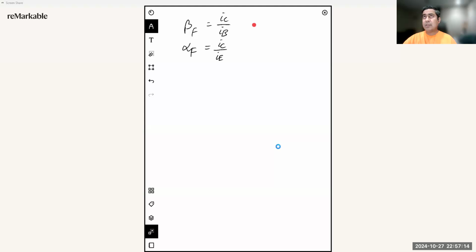From the IC VCE plot, once the devices are in forward active mode, we can select the IC current, which is almost saturated and almost constant. And then for the corresponding IB, you can find the ratio beta F. In a similar manner, if you know beta F, you can calculate alpha F from another equation, which is beta F by beta F plus 1.